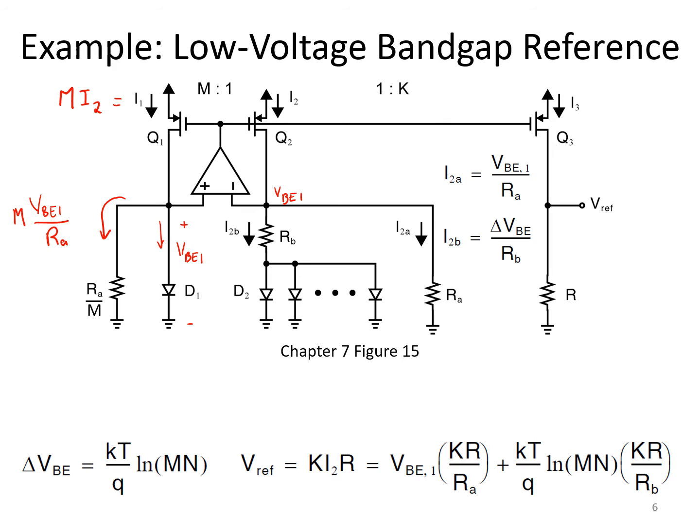So the current down through D1 is given by M I2 minus the current flowing through the resistor branch, M VBE1 over RA. We can then factor out M there. We end up with this expression.